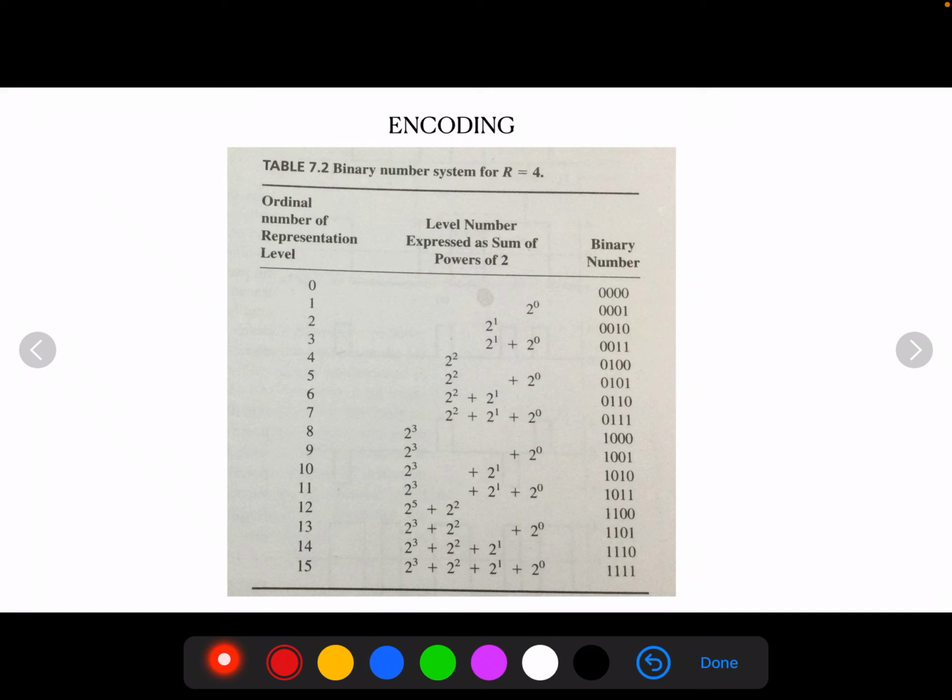In binary code, each symbol may be either of two distinct values or kinds, such as the presence or absence of a pulse. The two symbols of a binary code are customarily denoted as 0 and 1.